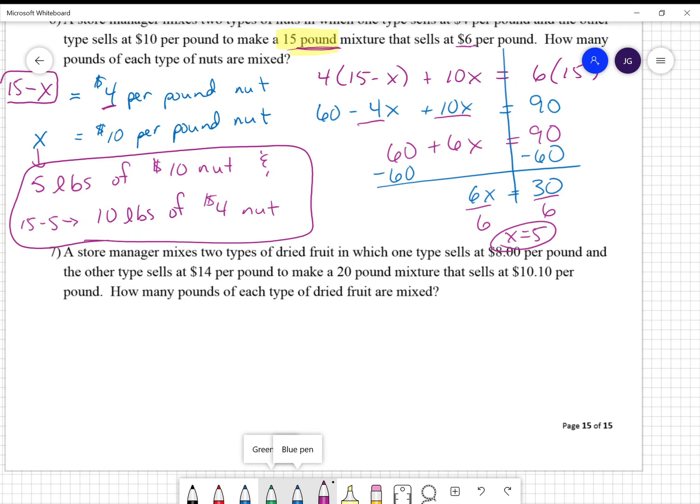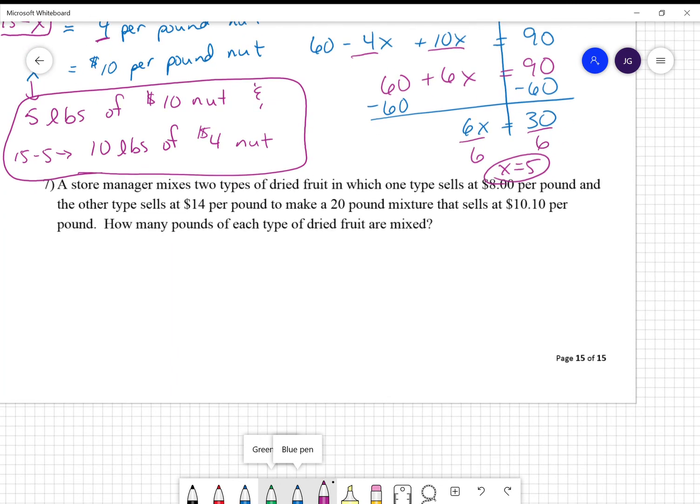Okay, last question. A store manager mixes two types of dried fruit, in which one type sells at $8 per pound and the other type sells at $14 per pound, to make a 20-pound mixture that sells at $10.10 per pound.